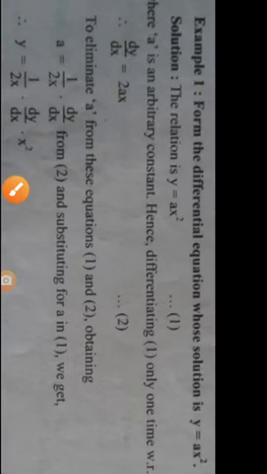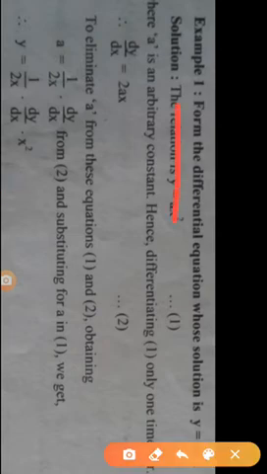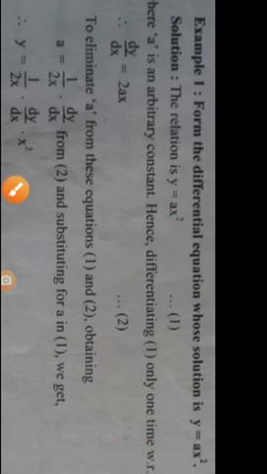Such types of examples can be asked: form the differential equation, given one relation, that is y equal to ax square, and from this relation we have to form the differential equation.